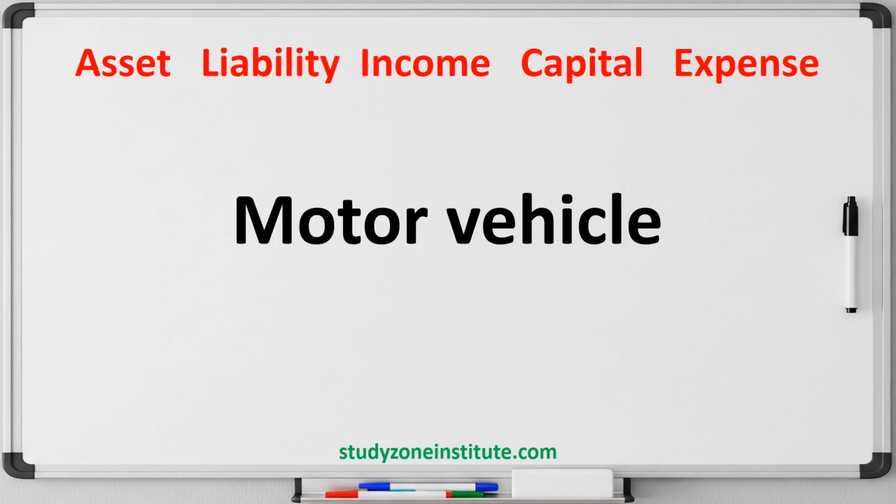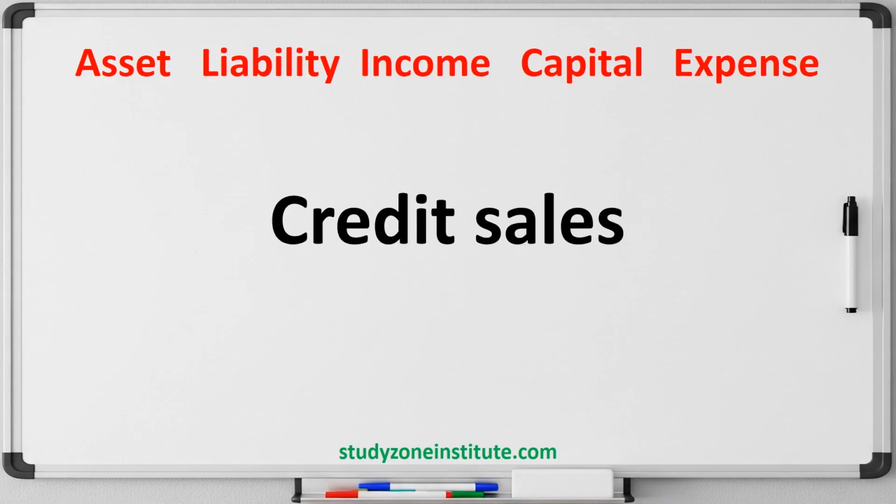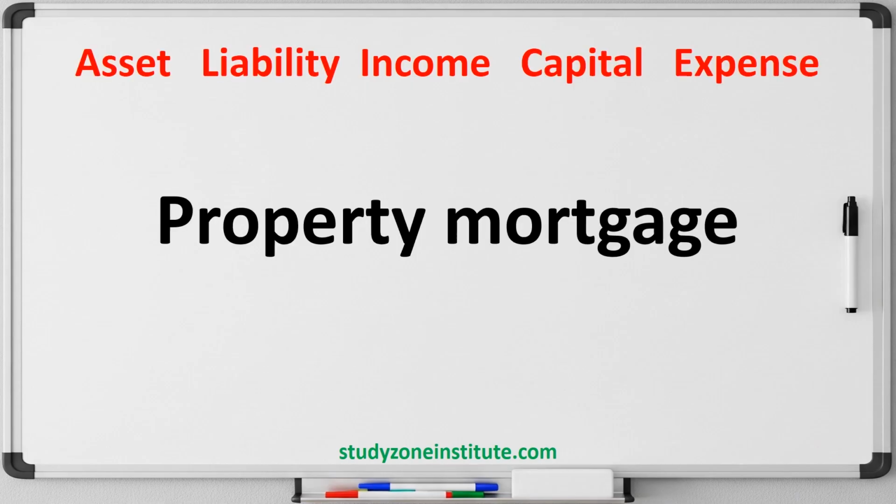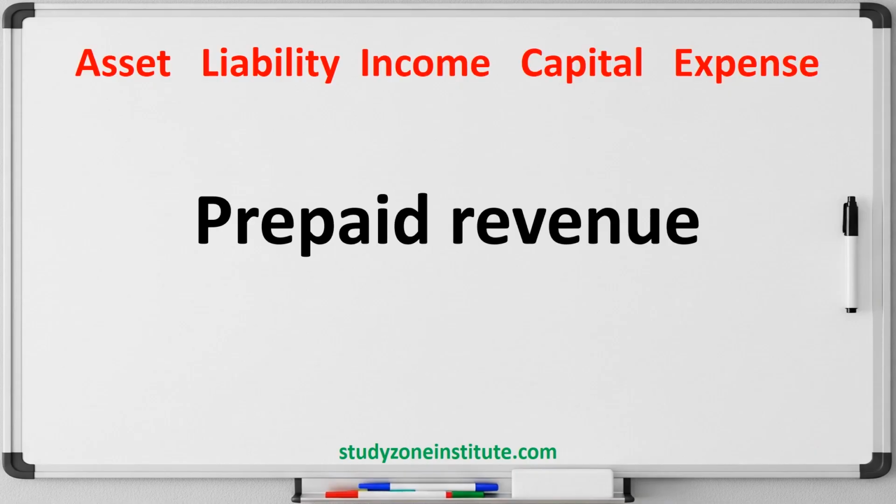Expense. Motor vehicle. Asset. Credit sales. Income. Property mortgage. Liability. Prepaid revenue.